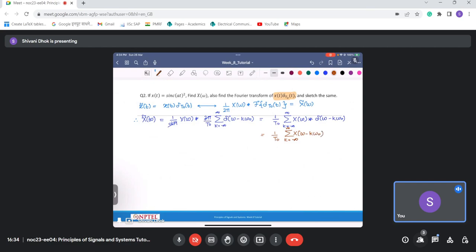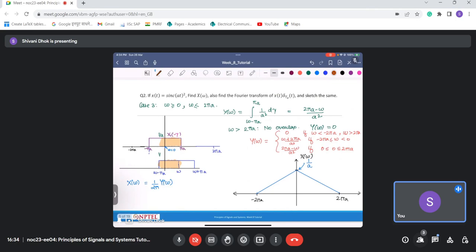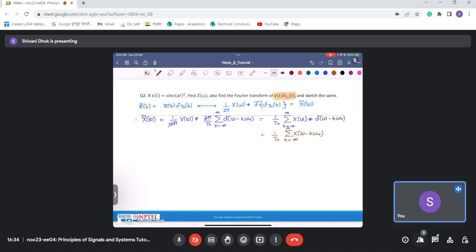And what was the value of this x of omega? This was what we had found. So basically, what does this mean?